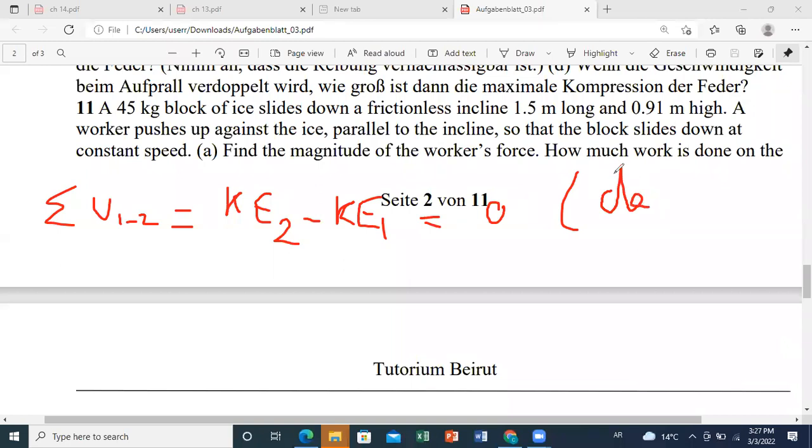And this means that the total work should be 0. So the positive work of the weight, which is pulling the box downward, will be opposing the negative work of the force F, which is trying to oppose motion. So this is constant, because v is constant, and the normal will not do any work.